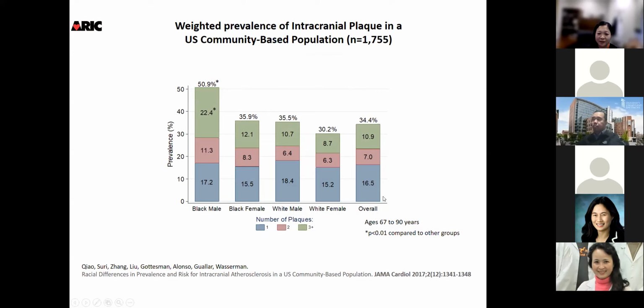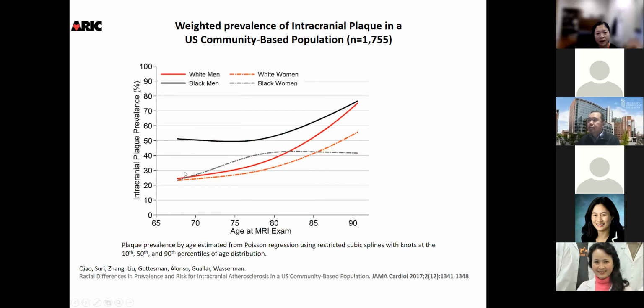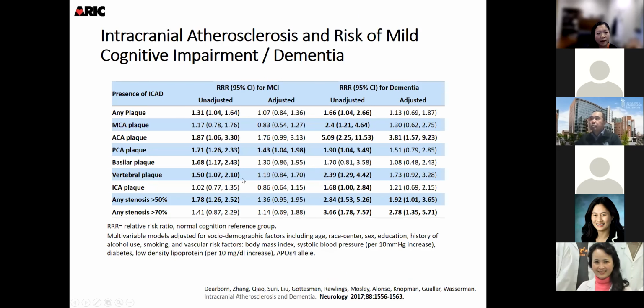That means if you are in your 70s, more like one third of people have atherosclerosis plaque in the intracranial circulation. This is a population study to show the age trend between white and black participants. And we also found certain plaque, like PCA plaque, is strongly associated with MCI and dementia.